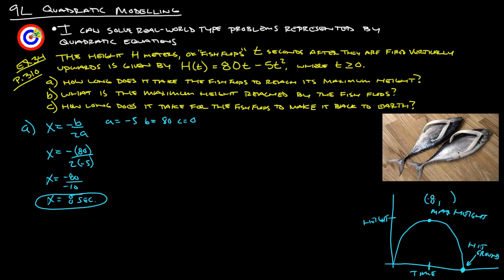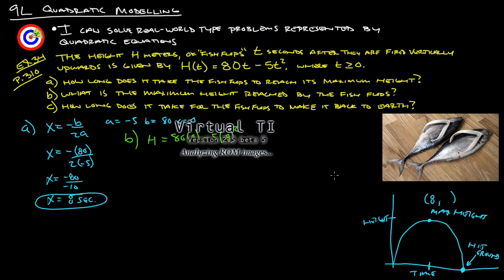To find the maximum height, we just plug our 8 in to get the y, because that gives us our maximum height. So part B is to plug our 8 into our formula. The height is going to be 80 times 8 minus 5 times 8 squared.